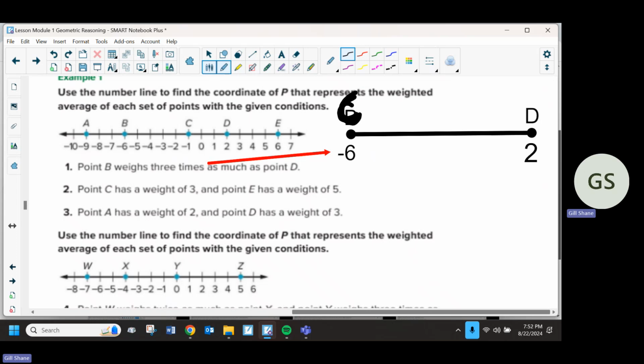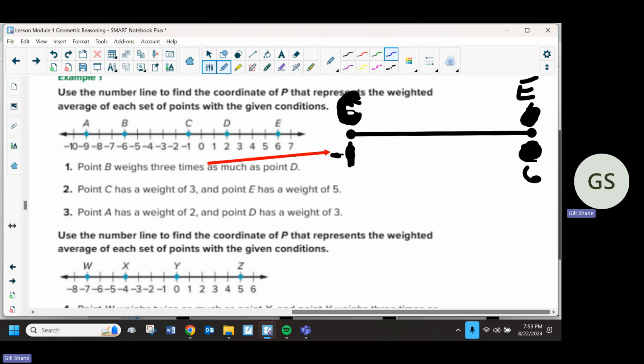Oh, wait, and then the value of C is -1. So I'm just gonna scratch that out and put E. The value of E is 6. So that would be the part of the number line I'm using. From C to E, and the value of C is -1. The value of E is 6.